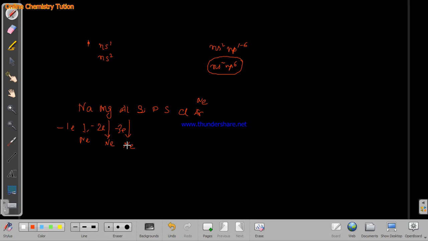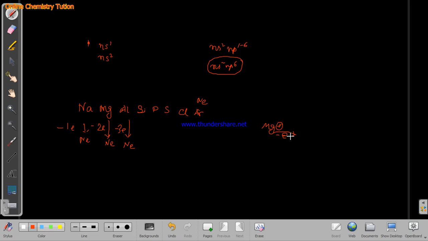Now we know after losing 1 electron, sodium will be a sodium cation. Similarly, after losing 1 electron, magnesium forms Mg+. And removing the electron from Mg+ is far more difficult than losing the first electron, as when Mg+ is formed, the attractive force on the electrons by the nucleus is far higher.